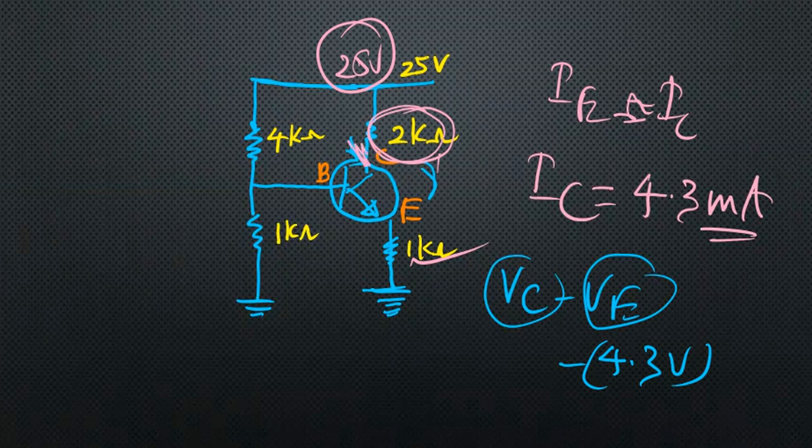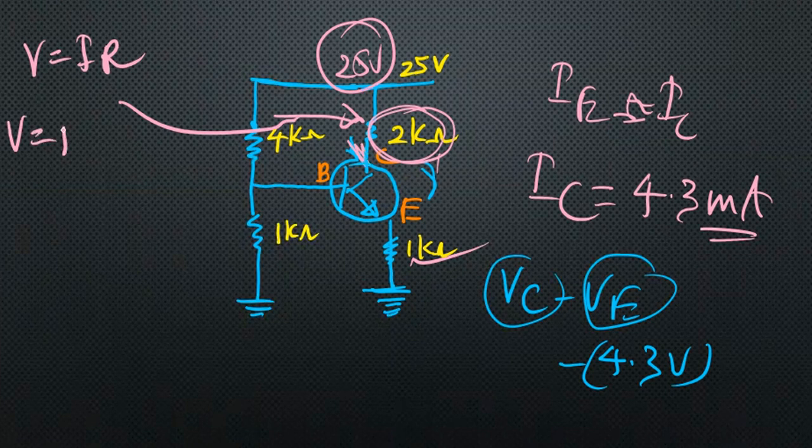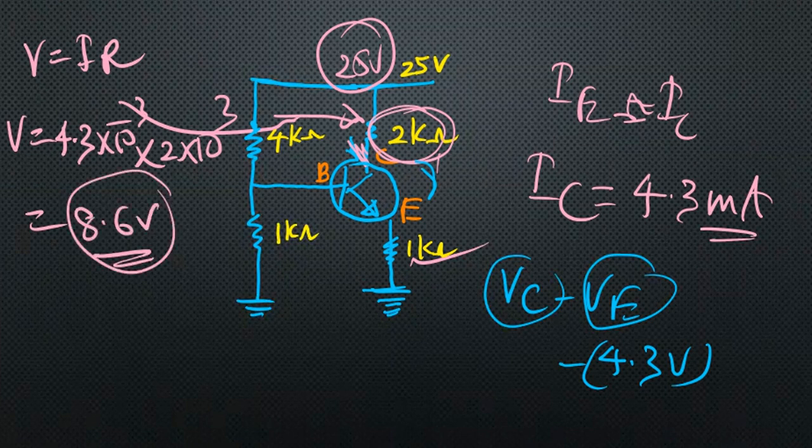So we apply V equals IR again for this 2 kilo ohms resistor. We have found 4.3 milliamperes, 10 to the power minus 3, into 2 kilo ohms. The 10 to the power minus 3 and the kilo cancel off, so we get 8.6 volt potential difference.